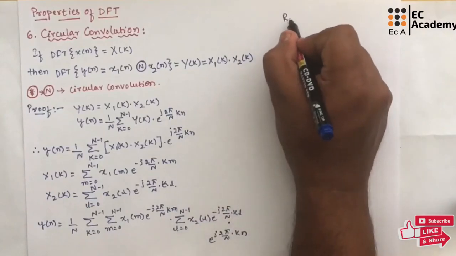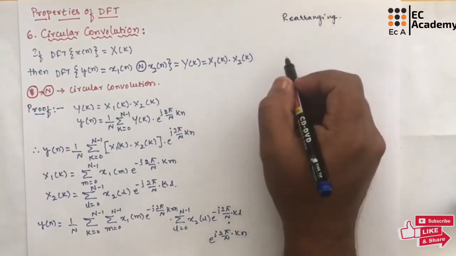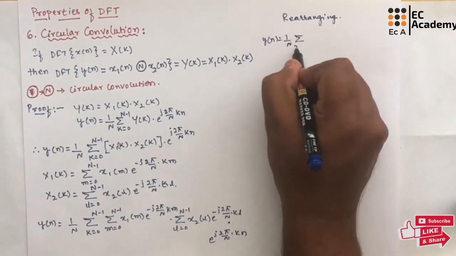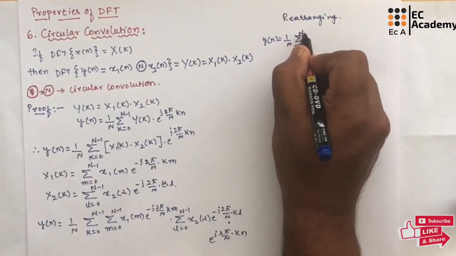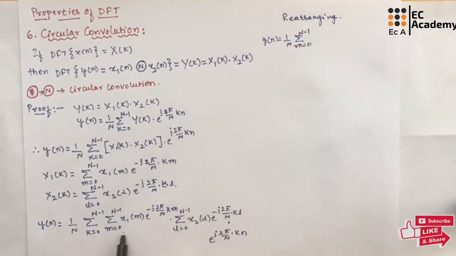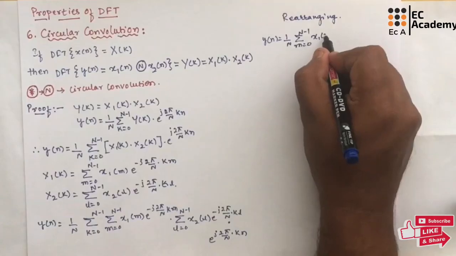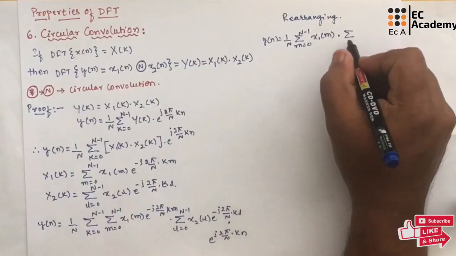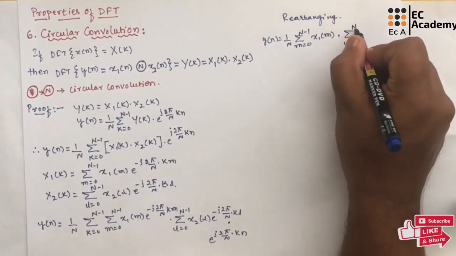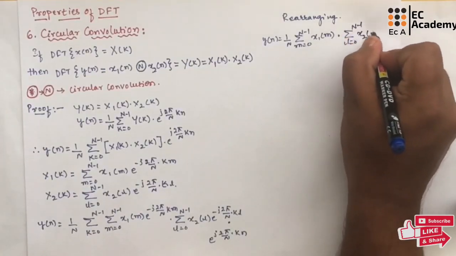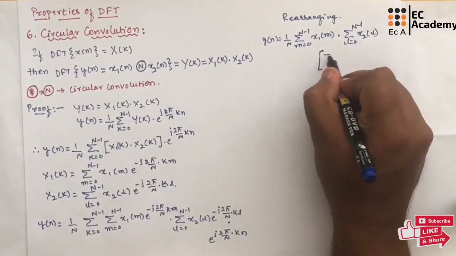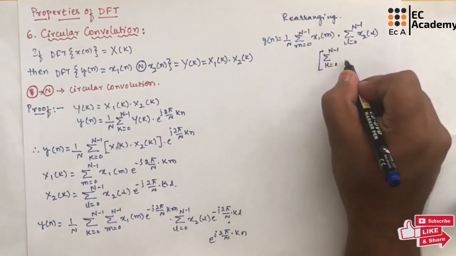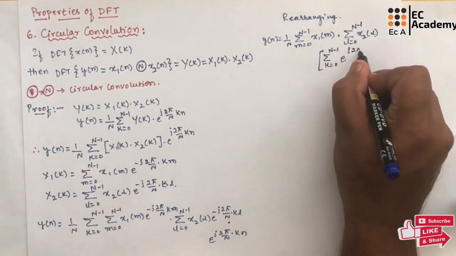So rearranging the above equation, we will get y of n is equal to 1 by n summation of m is equal to 0 to n minus 1. So we will write this term first. So it is x1 of m into summation of L is equal to 0 to n minus 1 x2 of L into summation of k is equal to 0 to n minus 1 e to the power of j 2 pi by n.